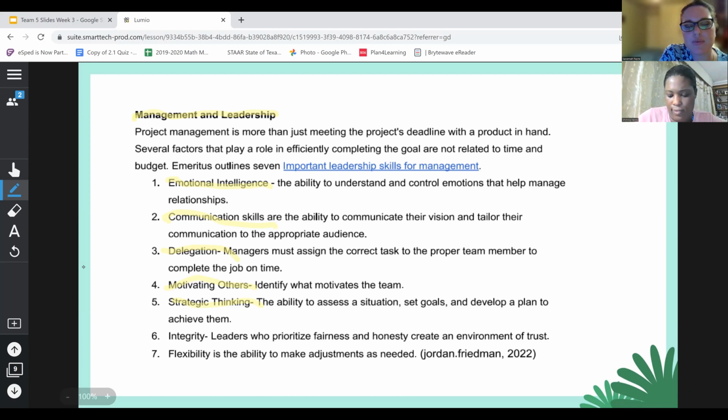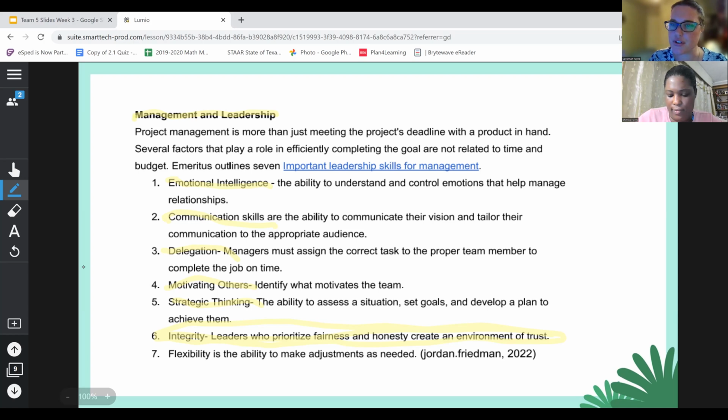Now, this was something that was near and dear to my heart. I truly love this so much. Integrity are leaders who prioritize fairness and honesty and create an environment of trust. I felt like more managers need to read that and internalize that for themselves, because being a project manager does not mean that you are lord and ruler.